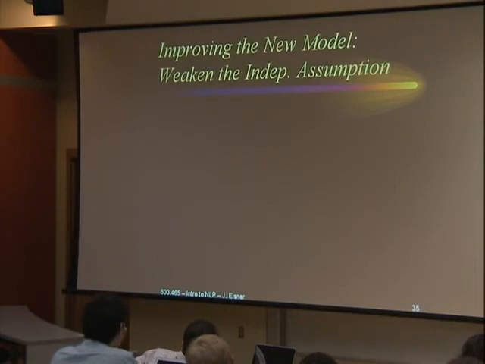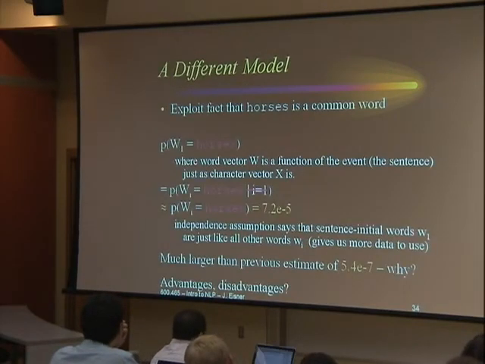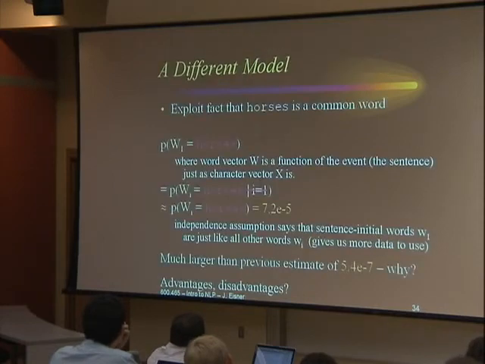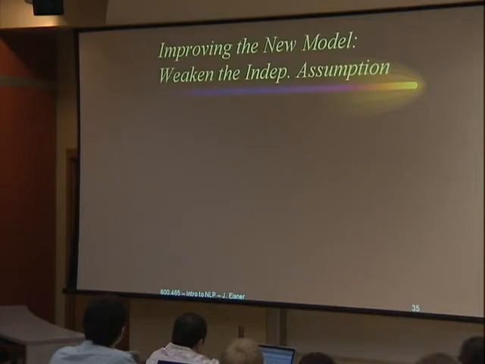Okay, so let's improve them. Let's stick with this, but let's improve the model a little bit. So we've made this independence assumption back here that whether word i is horses is independent of what i is. So is that actually true? I'm going to argue it's not quite true.